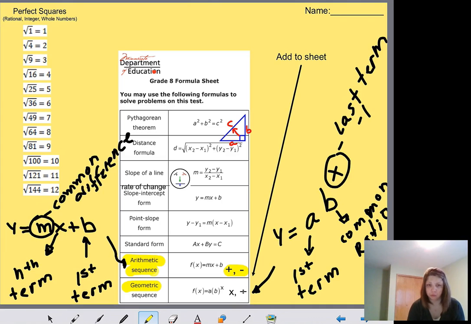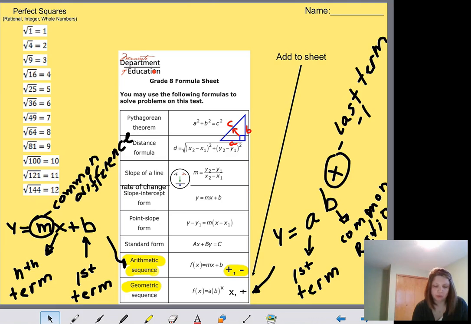So when we talk about arithmetic sequence, I want you to look up here, and we have y equals mx plus b. Please write down, this is really important, and you should definitely have this on your formula sheet. M will be the common difference between the first two terms of the pattern, and for now just put the definitions. I will show you how to get the whole practice and the final answer.